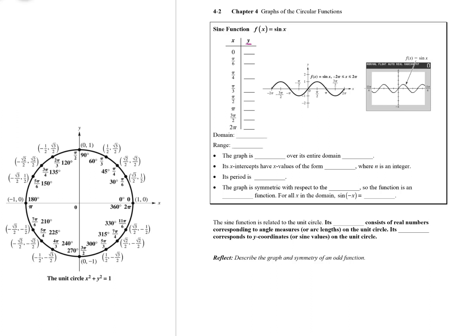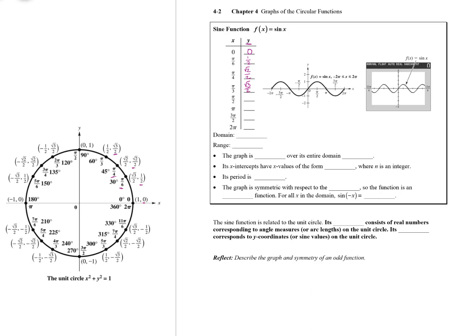The angle is 0, the y value is 0. If the angle is pi over 6, the y value is 1/2. The angle is pi over 4, the y value is √2 over 2. The angle is pi over 3, then it's √3 over 2.